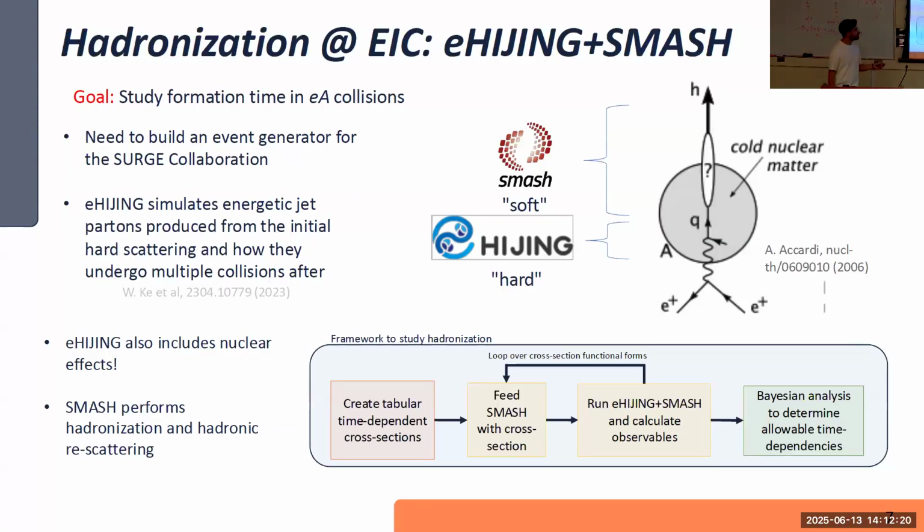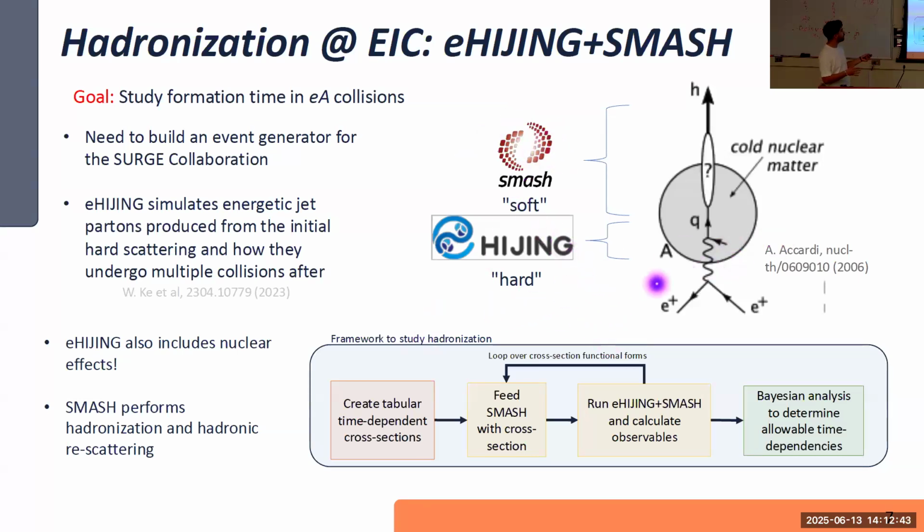Now, how can we do this in a more systematic and more evolved way? We can do this by creating a new event generator, and this will be the event generator for the SURGE collaboration. What this means is that we will couple a hard scattering phase with a soft scattering phase.